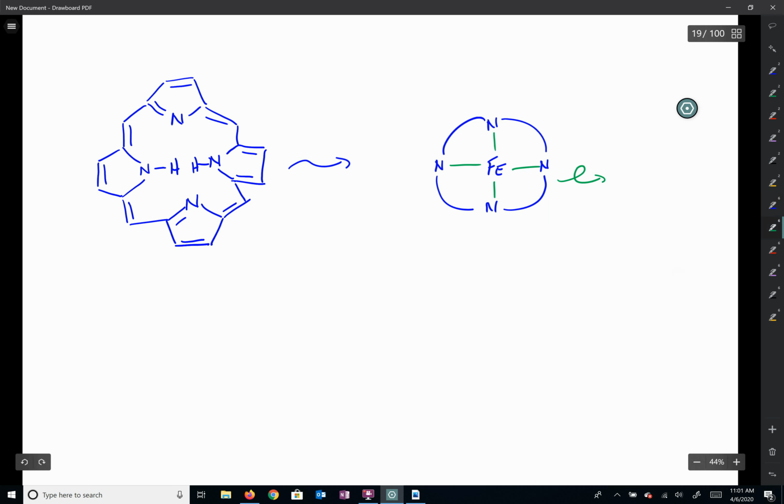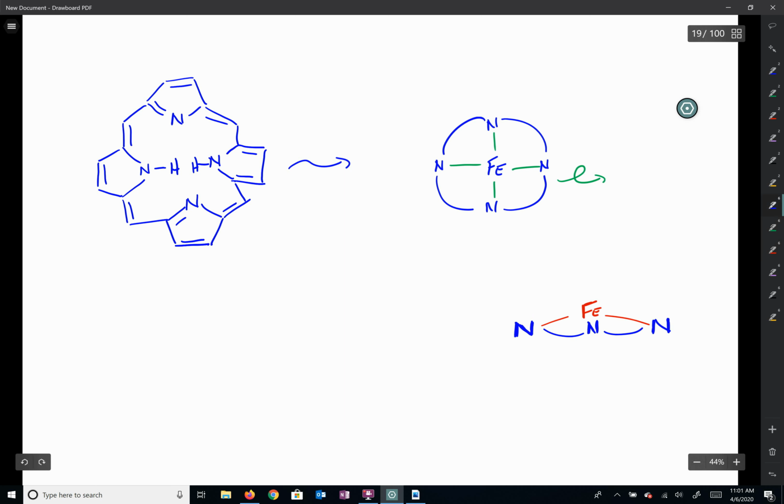And if you'll allow me to twist this on its end, what I'm doing is rotating 90 degrees. So I have a nitrogen, and let's make this a different color. We'll do it red because we're talking about hemoglobin after all. Imagine there's another nitrogen sitting up in the front and in the back.